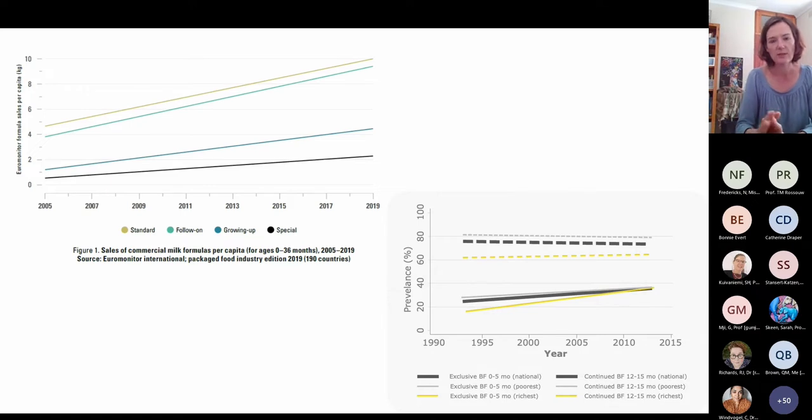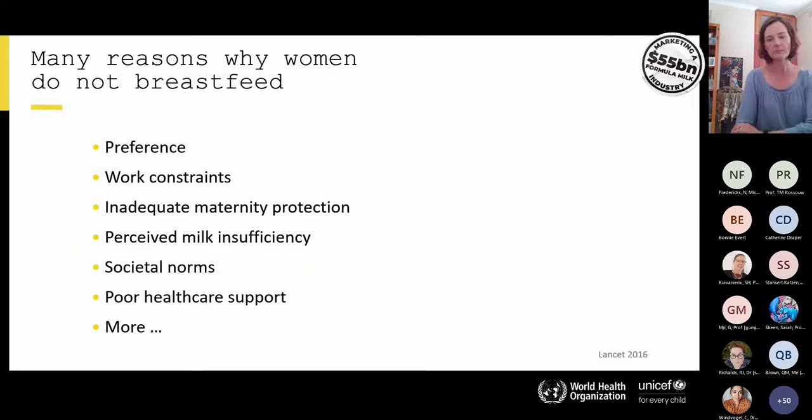Whilst over the same period, the figure on the right shows that in 83 low and middle income countries, there have been marginal improvements in exclusive breastfeeding, with only a 25% improvement over this time period. So more children today in all regions of the world are consuming formula milk than ever before.